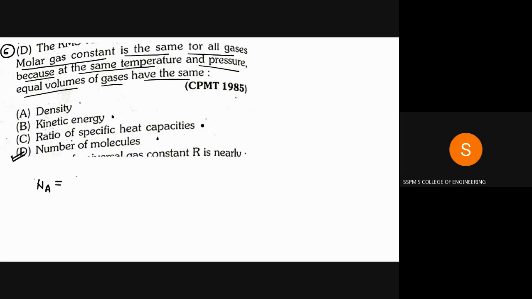So Na, this value is nothing but the number of molecules divided by 1 mole of gas. So this is Avogadro's number, and this value is a constant. Avogadro's number means the total number of molecules per unit mole of the gas, and this value is 6.023 into 10 to the power 23.